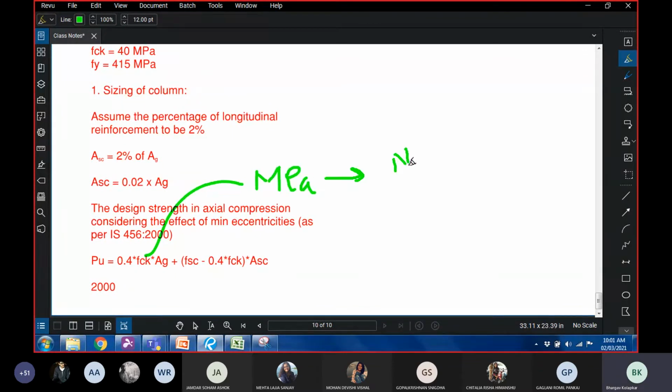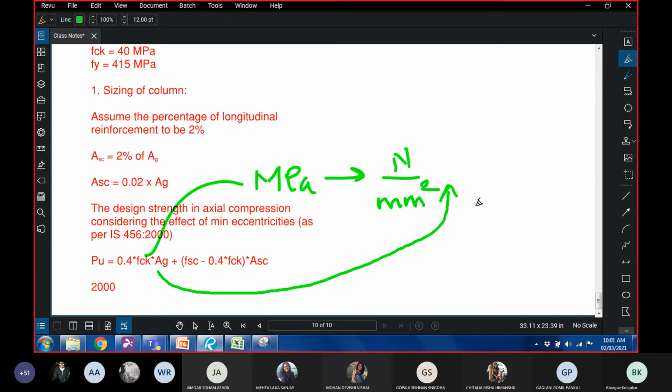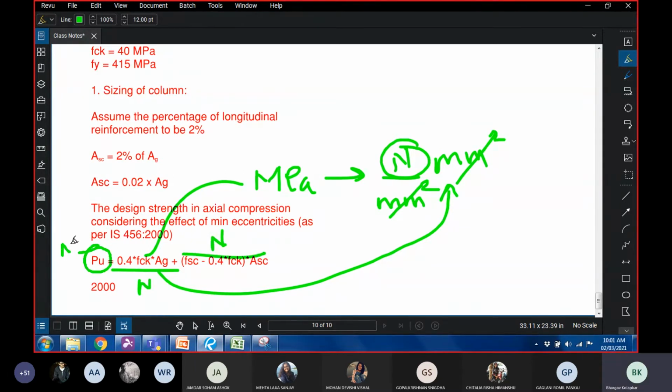Megapascal means Newton per mm square. Ag we would use in mm square. So mm square gets cancelled, and the term is in Newton. Similarly, even this term is in Newton. Therefore, this has to be in Newton.